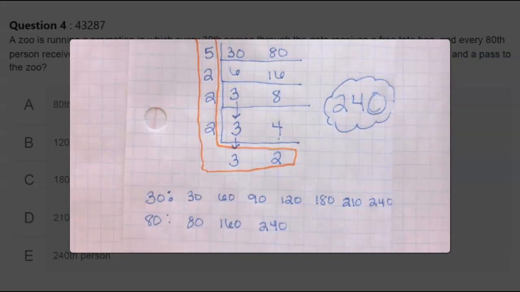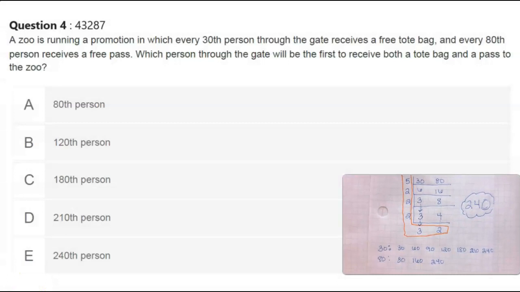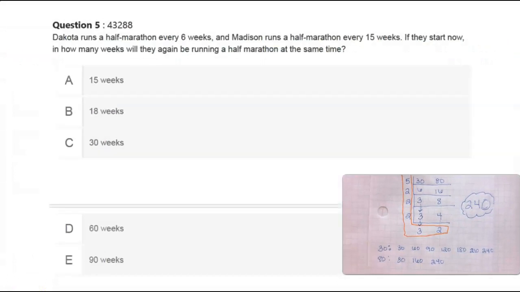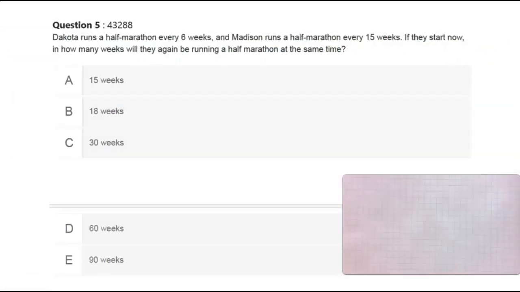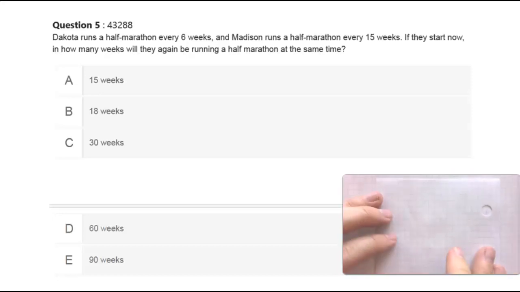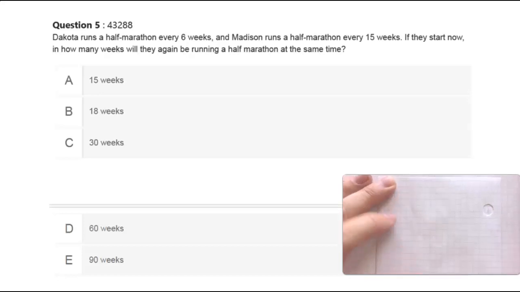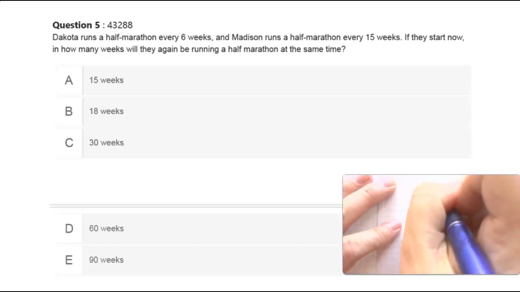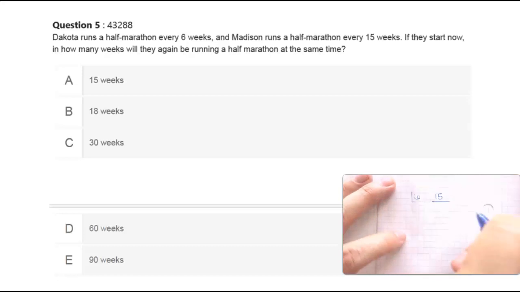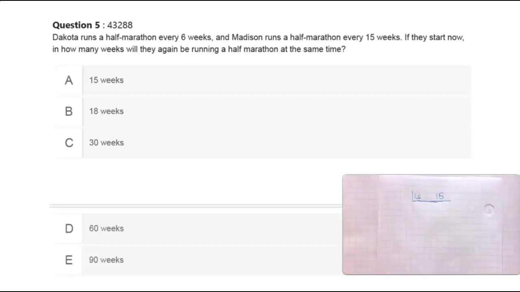All right, last 2. These are so much faster. So Dakota runs a half marathon every 6 weeks, and Madison runs a half marathon every 15 weeks. If they start now, how many weeks until they run at the same time? So when you see the words every 6 weeks or every 15 weeks, it's kind of a key that we're doing multiples.